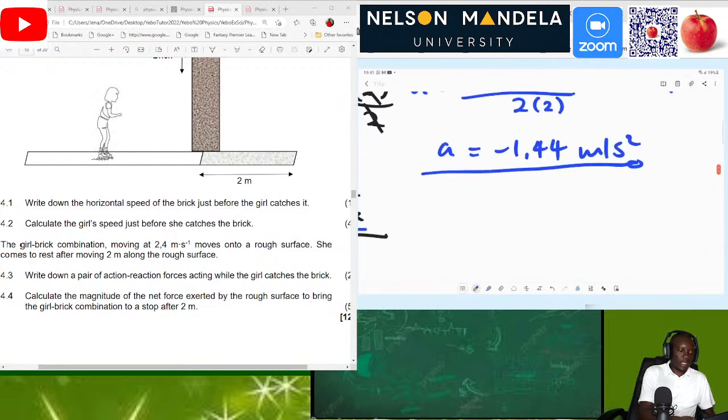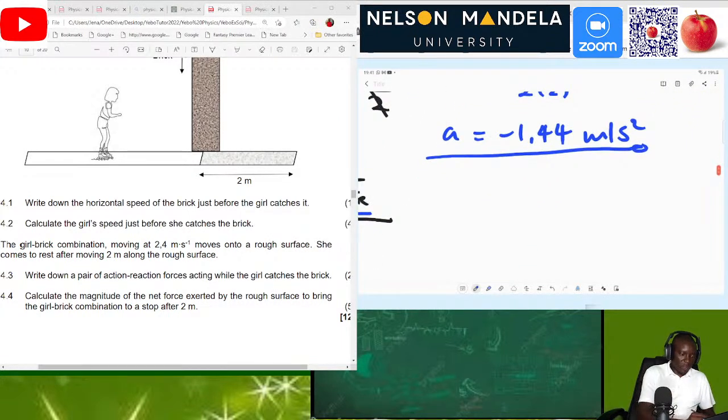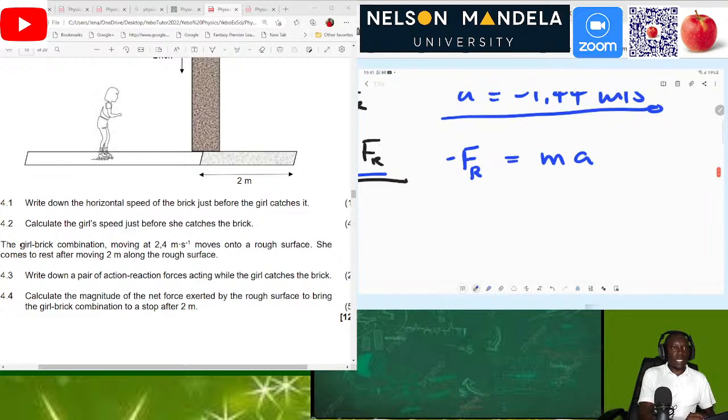So with that deceleration, the force causing the deceleration is also in the negative. So this force is negative. F is equal to m times a. This force is already in the negative direction. It's an opposing force. So with respect to the motion of the girl, we've already found that a is also in the negative.